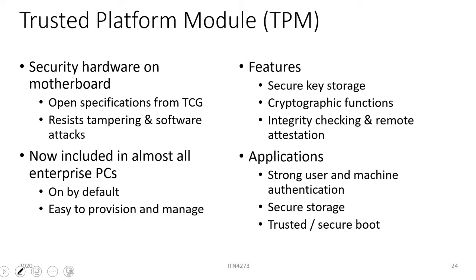And one of the main things that the TCG standards talk about is what is called a trusted platform module. That is security hardware that can be built as part of a chipset, as part of the hardware itself. In addition to being included in enterprise computers, we are also seeing them built into many networking devices as well.